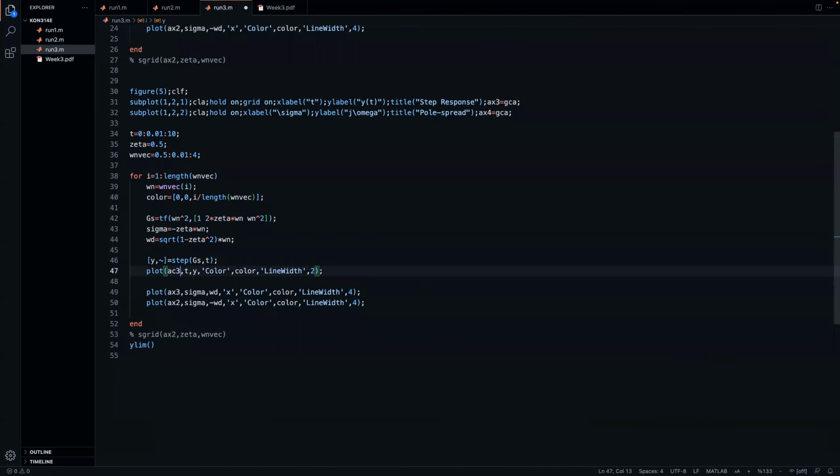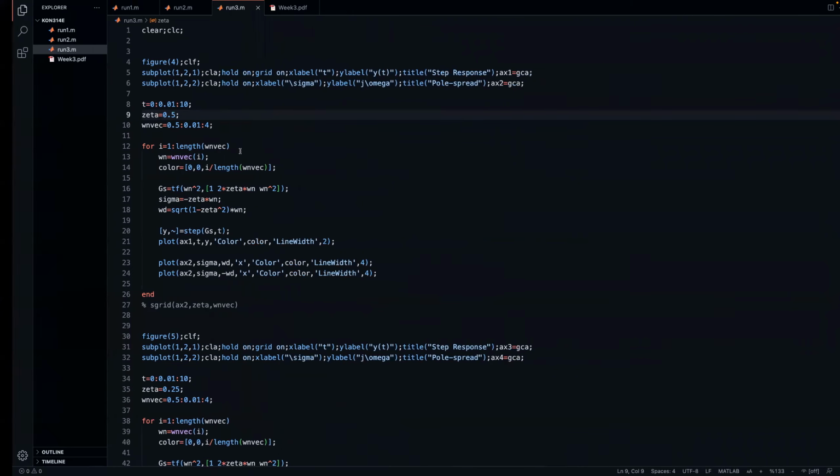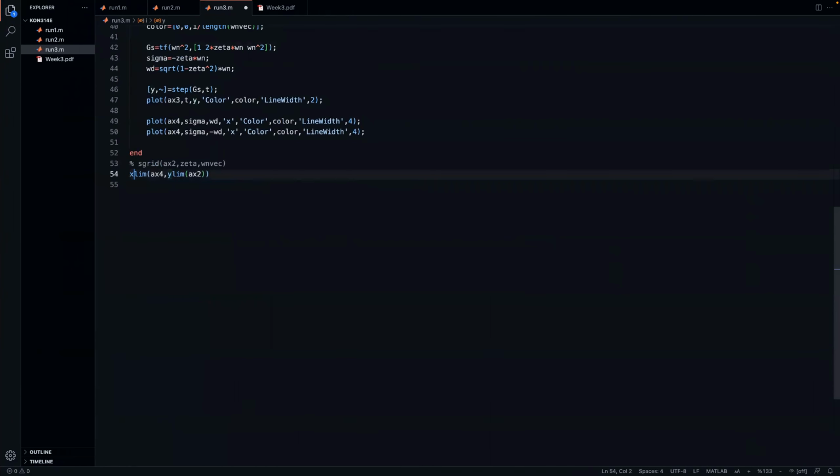Oh no, this should be X3. This should be X4. The y limit of X4 should be the y limit of X2, I guess. If that makes sense. So let's call it 0.25. Let's make it 0.5. Not the y limit, actually, the x limit, I guess. So.